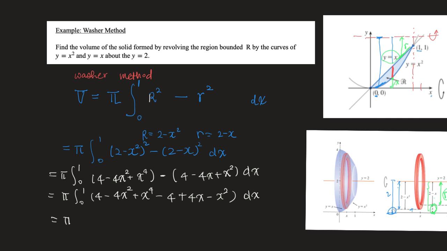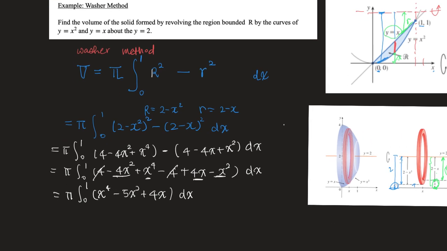Here it is, pi times the integral from 0 to 1 of x to the fourth power, negative 4x squared and negative x squared make negative 5x squared, plus 4x, and 4 and negative 4 cancel out, dx.